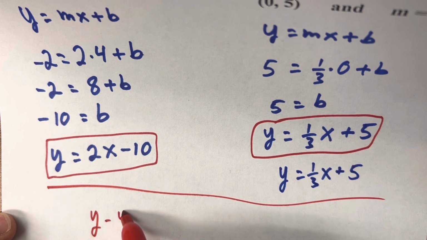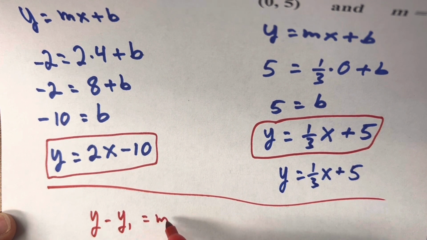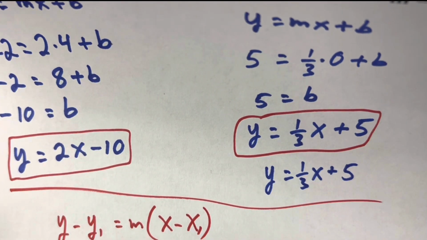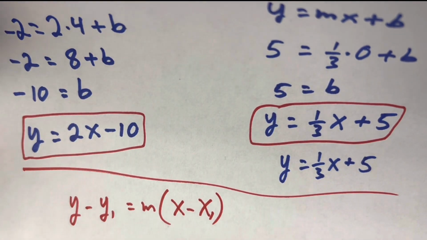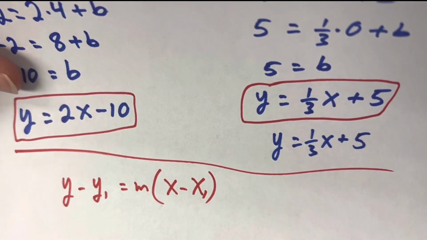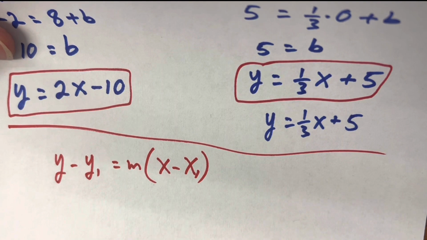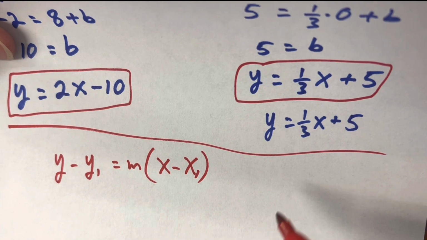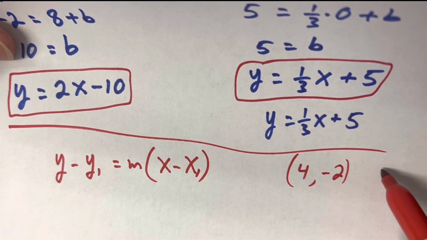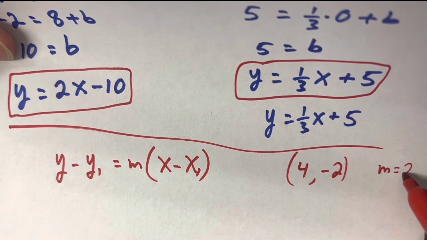So y minus y1 is equal m times x minus x1. Okay, so if you like the first one, y equal mx plus b, you can keep doing with that. I'm just gonna do an extra here for some people who might like this one. So remember, the point was (4, -2). That was the first point, and the slope was 2. m equal 2.